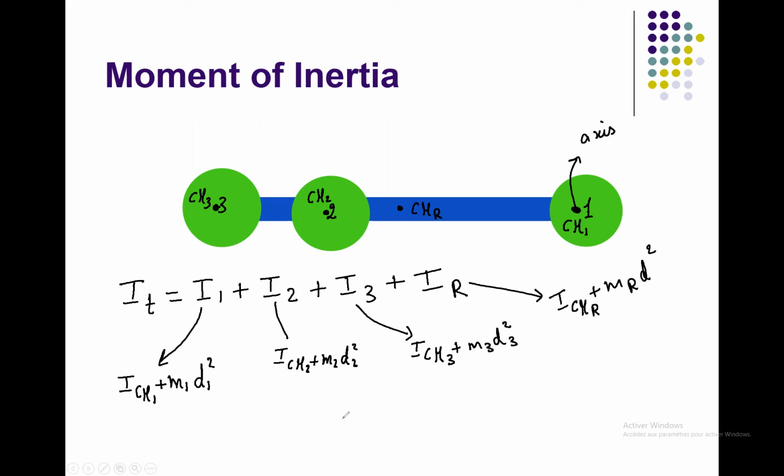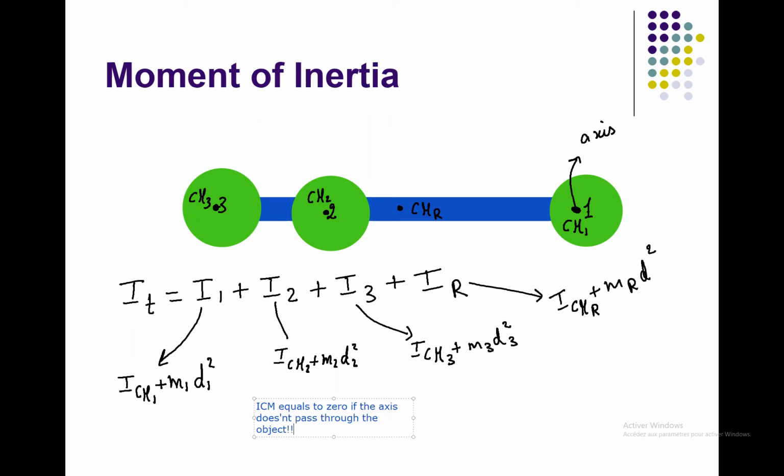Okay, in general, I_CM equals 0 if the axis doesn't pass through the object.